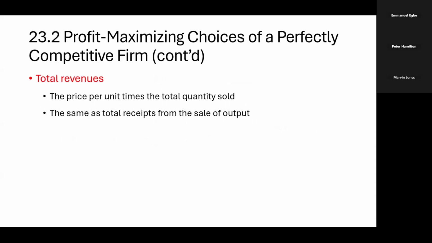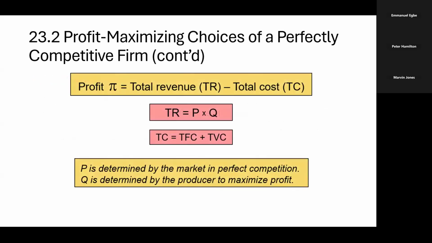Now, the competitive firm depends on revenues, and so as a price taker, the total revenue is quantity times price. The total cost, of course, is total fixed cost plus total variable cost.